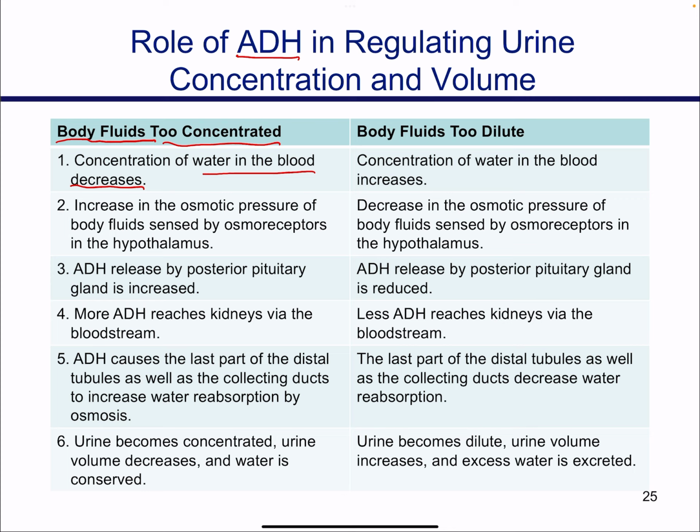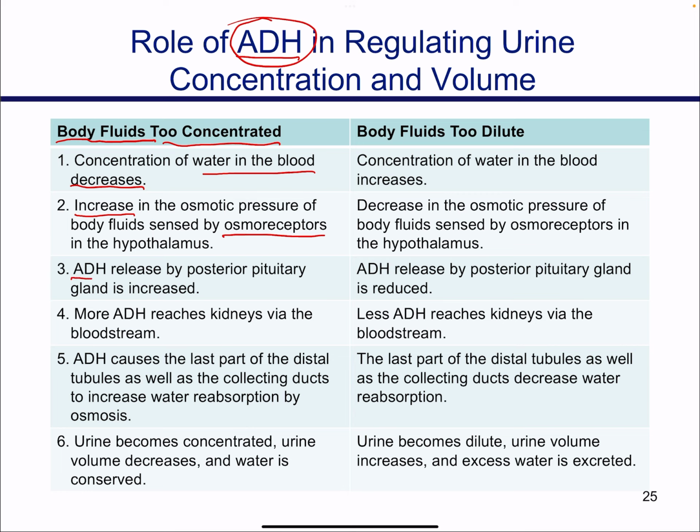Because that water needs to go into the tissues, right? That water that leaves the blood for the tissues is going to cause an increase in the osmotic pressure, right? And that osmotic pressure is sensed by osmoreceptors, right? Which is going to cause the hypothalamus to release ADH.